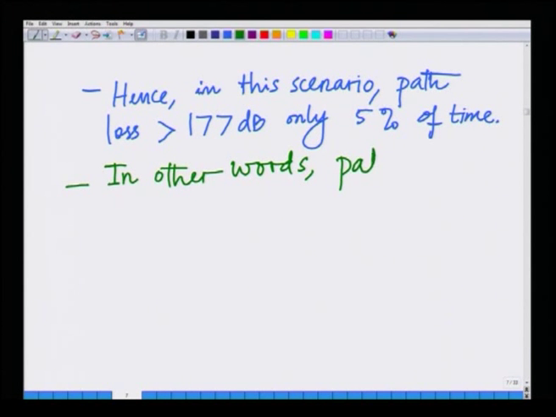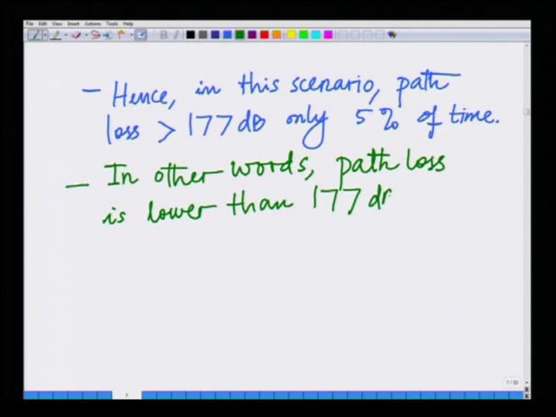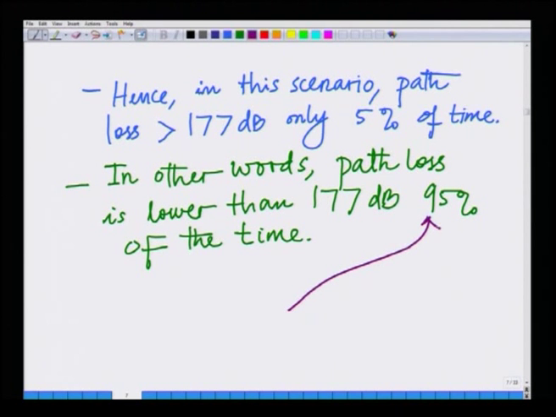Which means this 95% is nothing but the reliability rho, which is equal to 0.95.